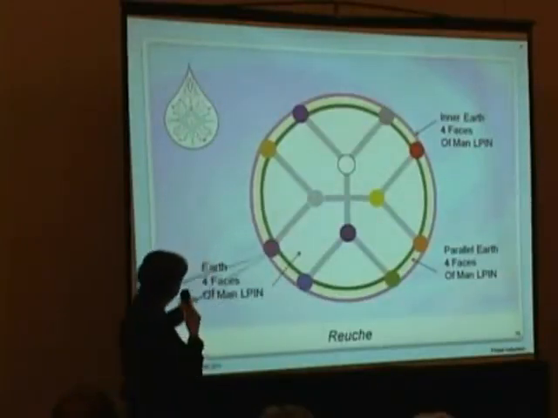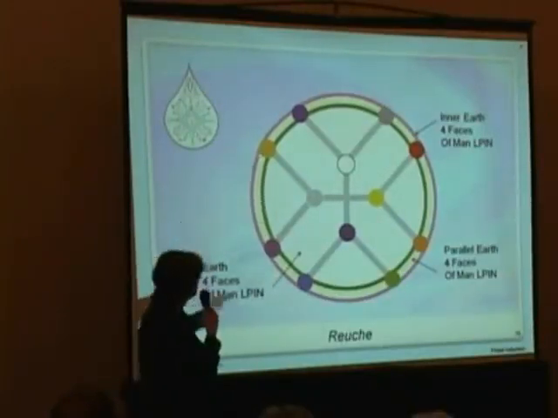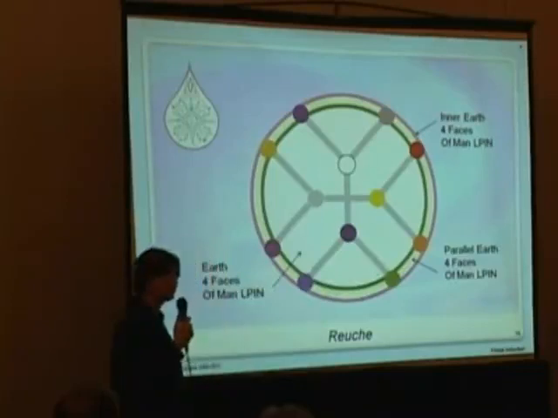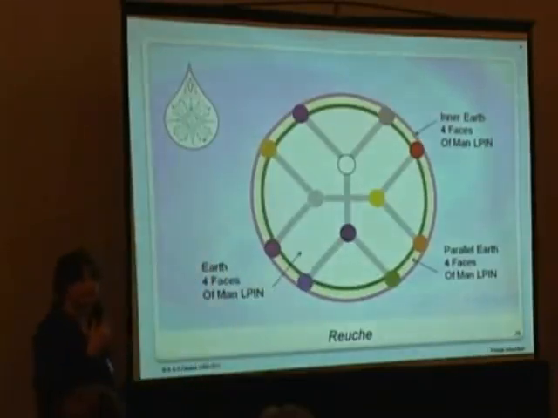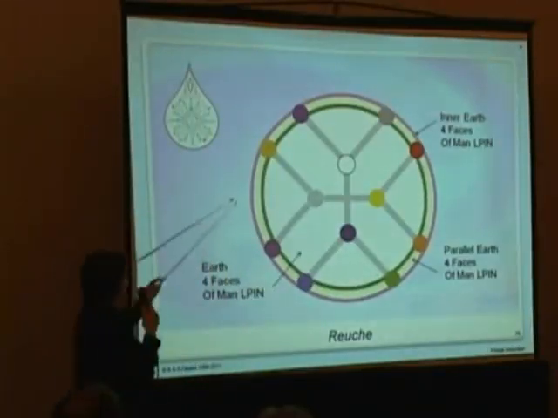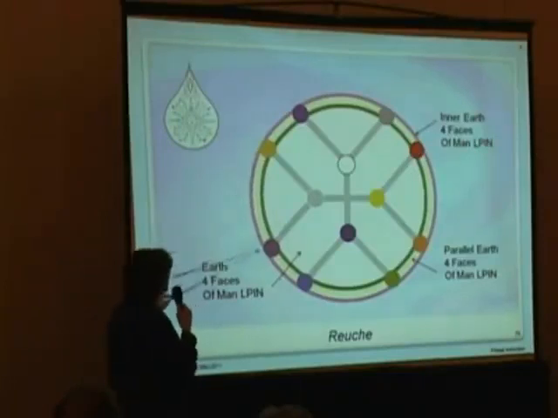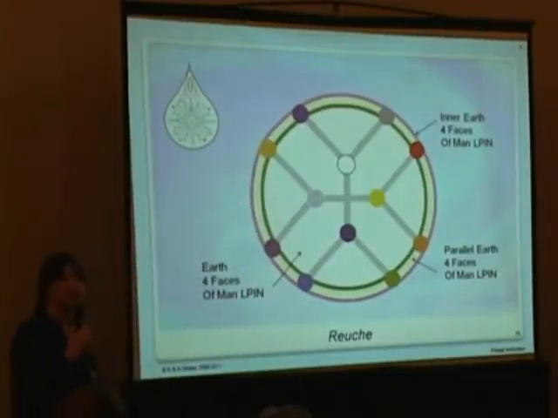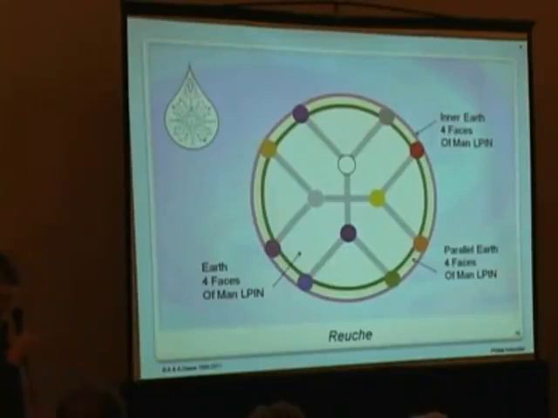The yellow line here represents parallel Earth's Four Faces of Man LPIN system. And this one on the outside represents inner Earth's Four Faces of Man LPIN. Another reason to totally wear the Ruche, within the Akasha shape or by itself. It is such a powerful symbol, and I'm sure we don't know the half of it.